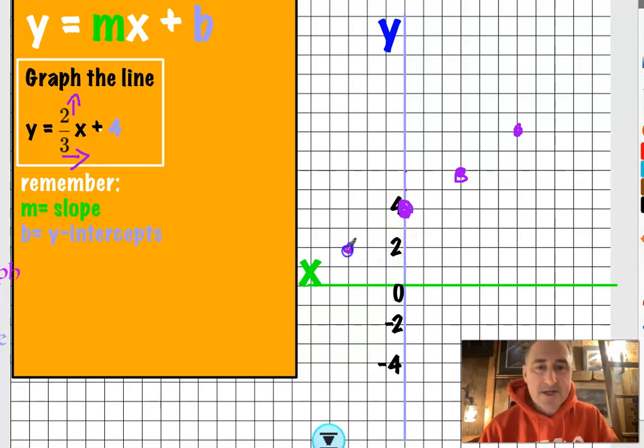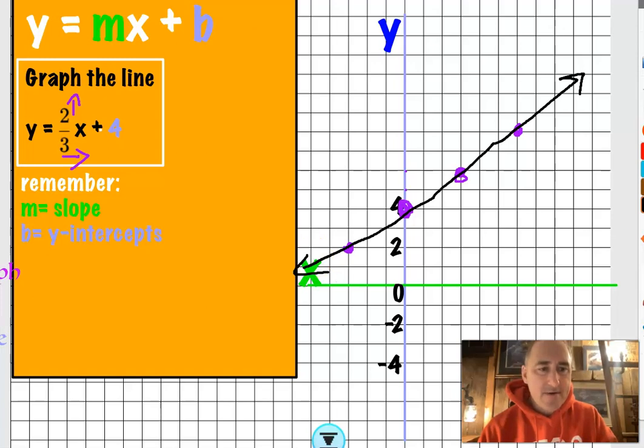And notice that it's still a line. Now I'm not done because it says graph a line, so I actually need to draw the line. So I want it to go through all the points the best I can. Remember, lines go both directions forever.